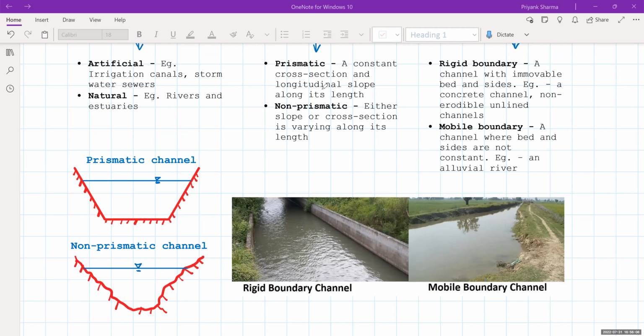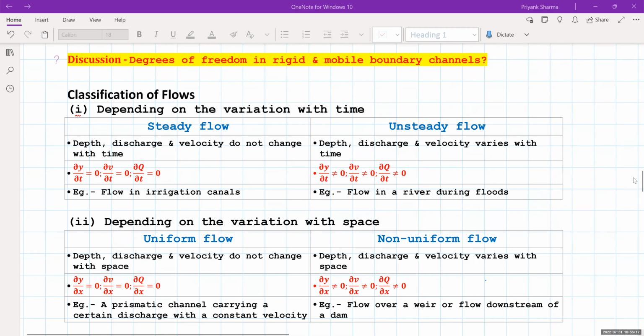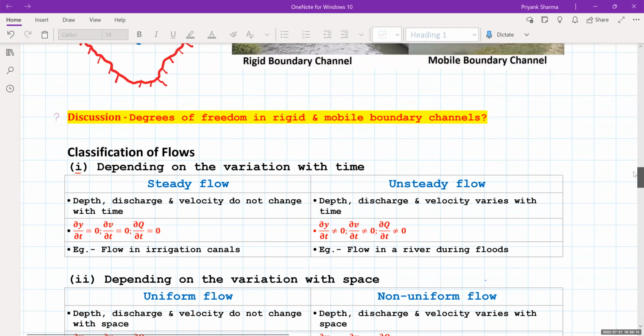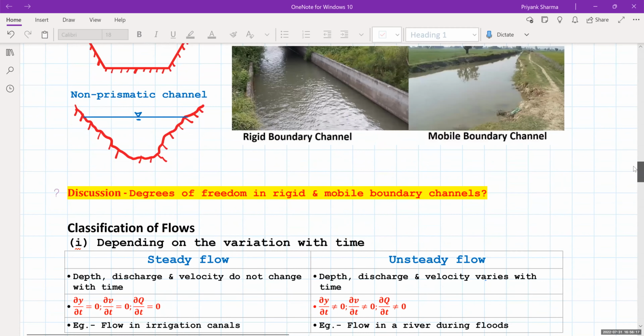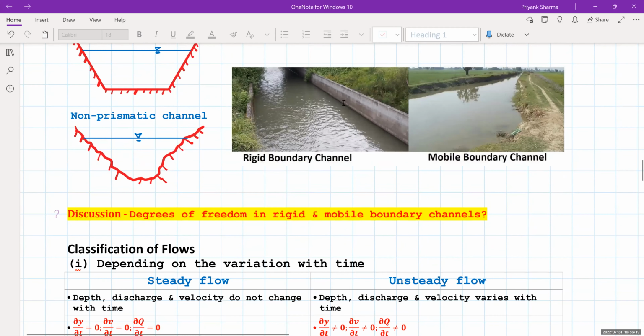Now let us move forward to classify the flows. Before that, there comes a small question: since in rigid boundary channels the beds and sides are fixed, and in mobile boundary channels they are not fixed, what can be the degrees of freedom in the case of rigid and mobile boundary channels? That needs to be thought of.